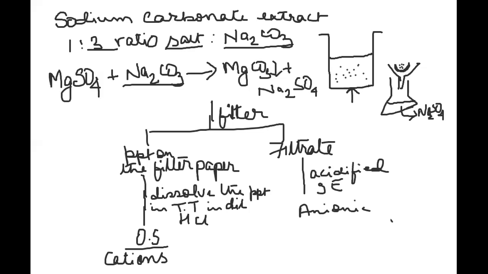Now, once you know that the sodium carbonate extract has been prepared and you are getting two things there. One is the precipitate, which is used for testing cations, and the other one is the filtrate, which is used for testing the anions. So we will first begin with the filtrate and see what are the tests involved in identifying the anions, and then maybe we'll move to the cations.